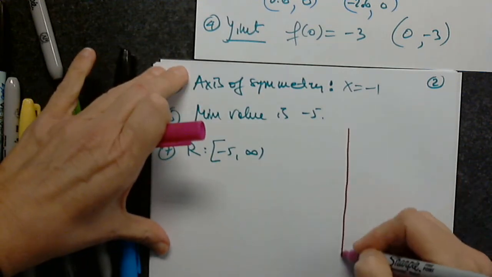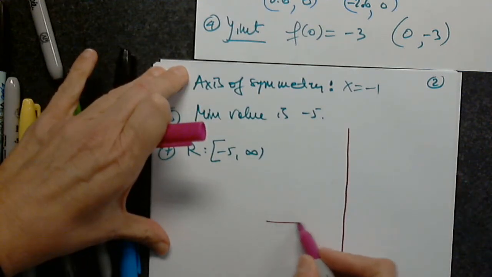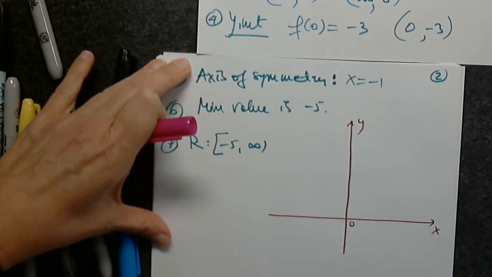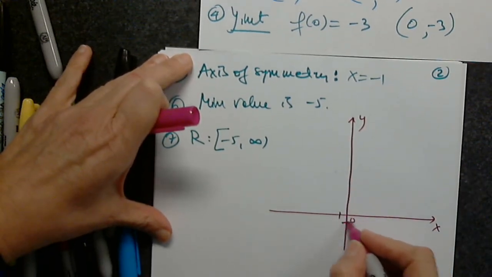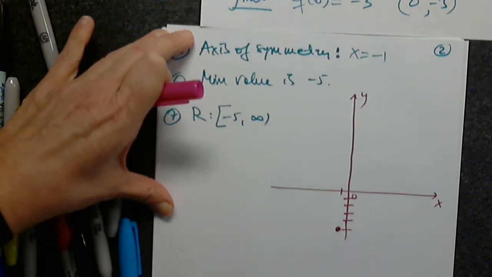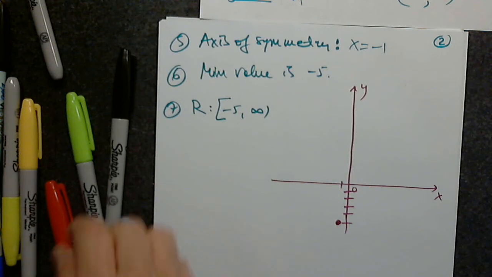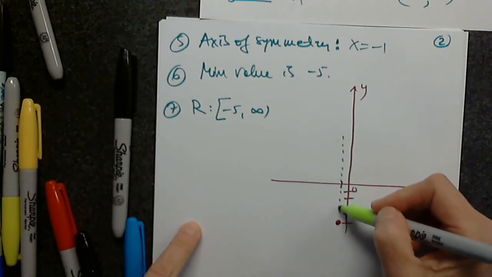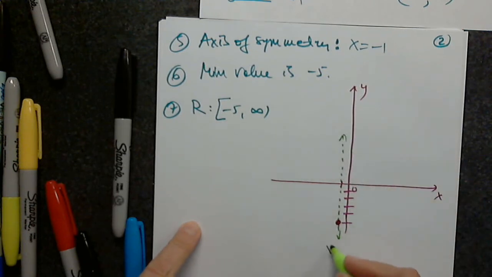So we're ready. Let's graph it. We start with the vertex, which is negative 1, negative 5. We continue with the axis of symmetry, which is a dotted line, not part of the graph. x equals negative 1. Very good.